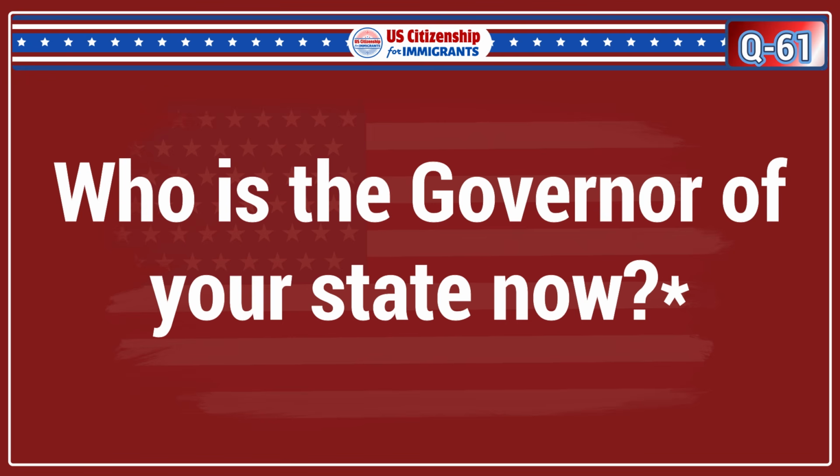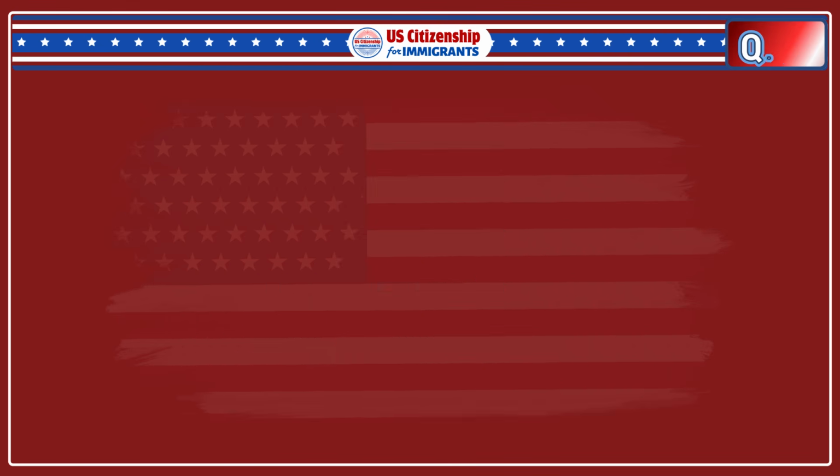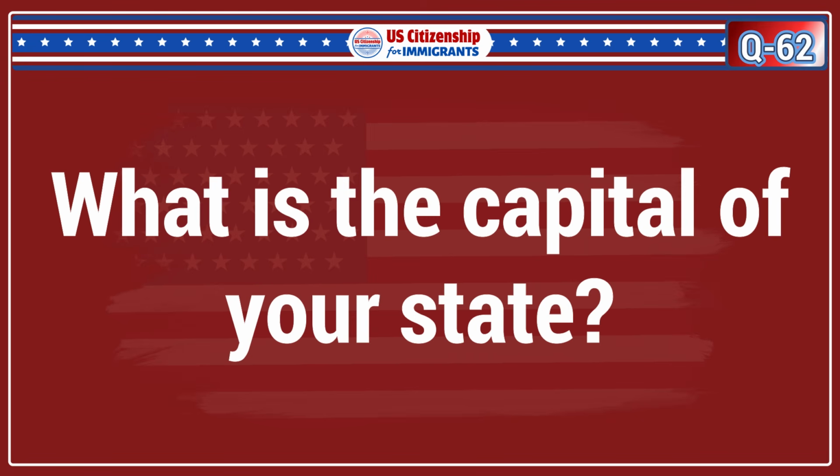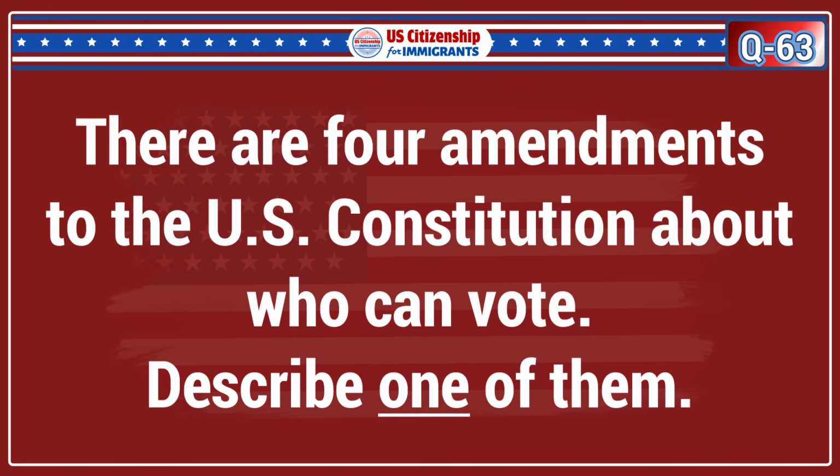61. Who is the governor of your state now? Answers will vary. 62. What is the capital of your state? Answers will vary. 63. There are 4 amendments to the U.S. Constitution about who can vote.